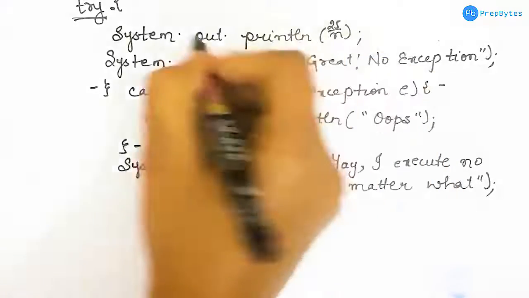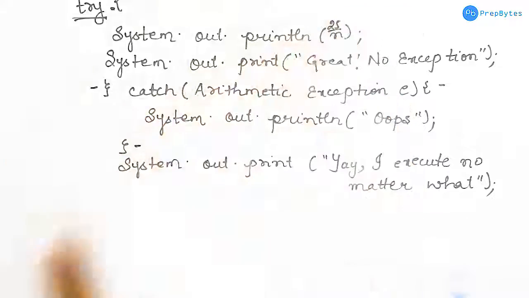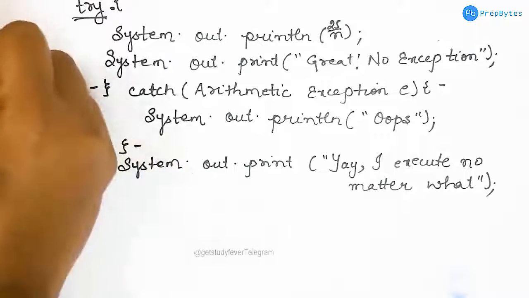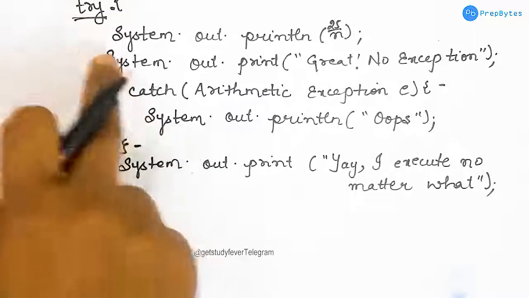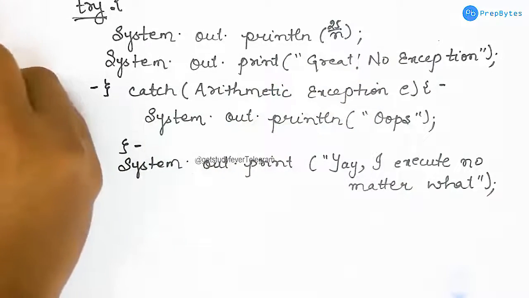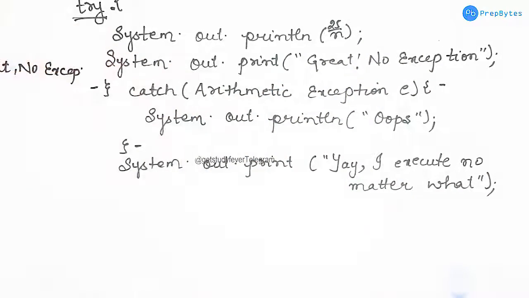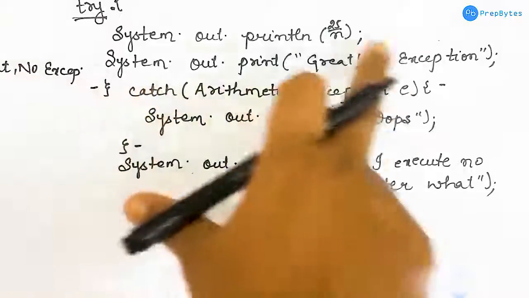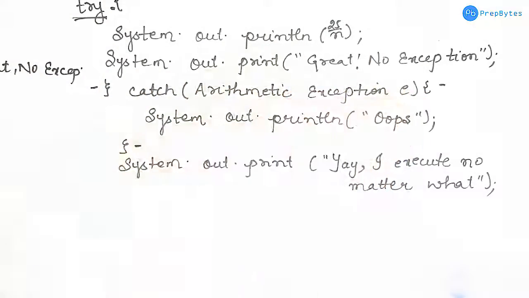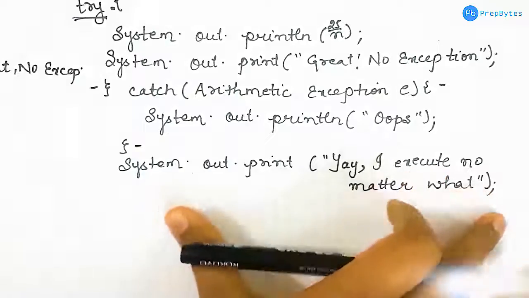So let's say we have this print statement here, 25 by n. Let's say n is 1, then this particular thing gets printed, 25 gets printed, then this particular thing gets printed, great, no exception. And then since there is no exception, this catch block won't get executed and this particular thing gets printed.